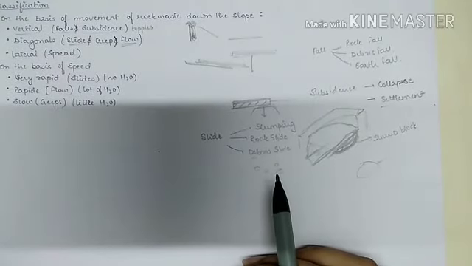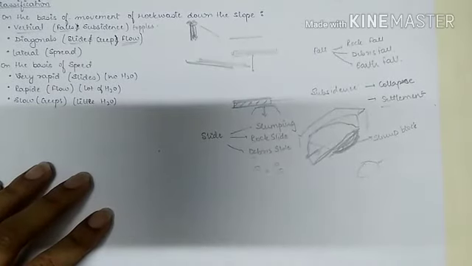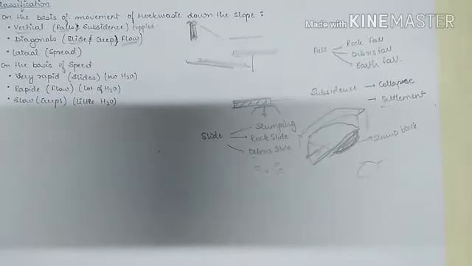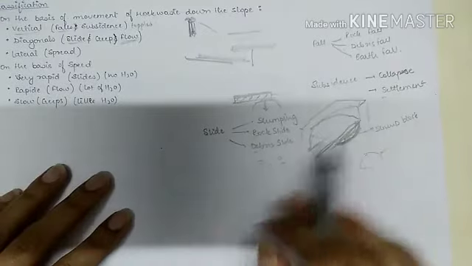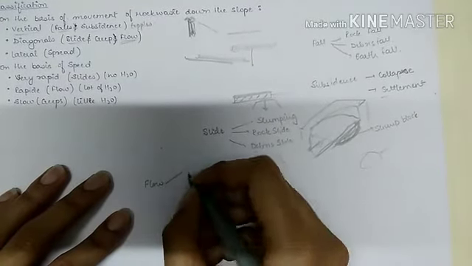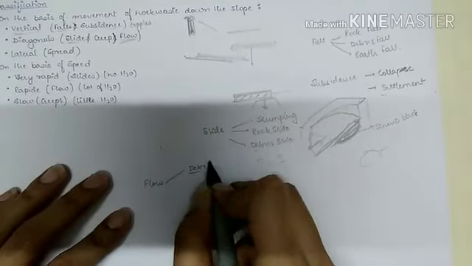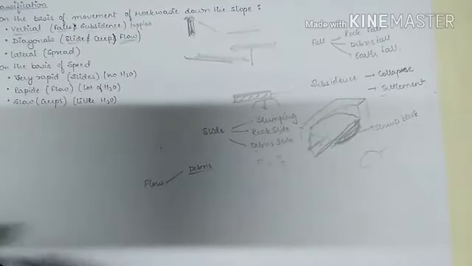Debris flow involves downslope movement of an enormous amount of viscous soil and boulders mixed together.